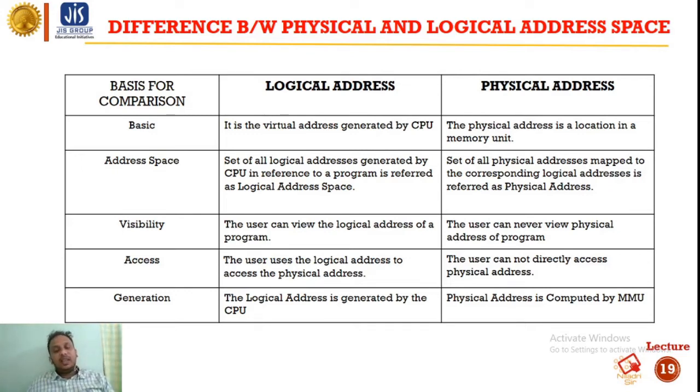The next point is the user can view the logical address of a program, but can never view physical addresses. The user uses the logical addresses to access the physical address, but cannot directly access the physical address. The logical address is generated by the CPU, whereas the physical address is computed by the MMU, the memory management unit.